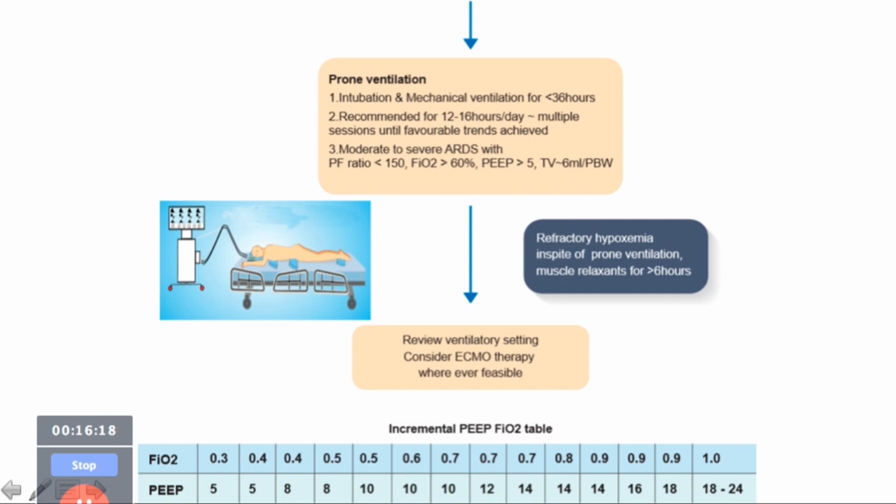Like in our unit, we may have patient with 60% and PEEP of 14. So that has to be individualized case to case, looking at all the other hemodynamic indices. So this is a simple PEEP table. It's a low PEEP table. Like if you have a patient on 100%, then the PEEP that you can go up to is 18 to 24. So that's the degree of PEEP that we can go up to.